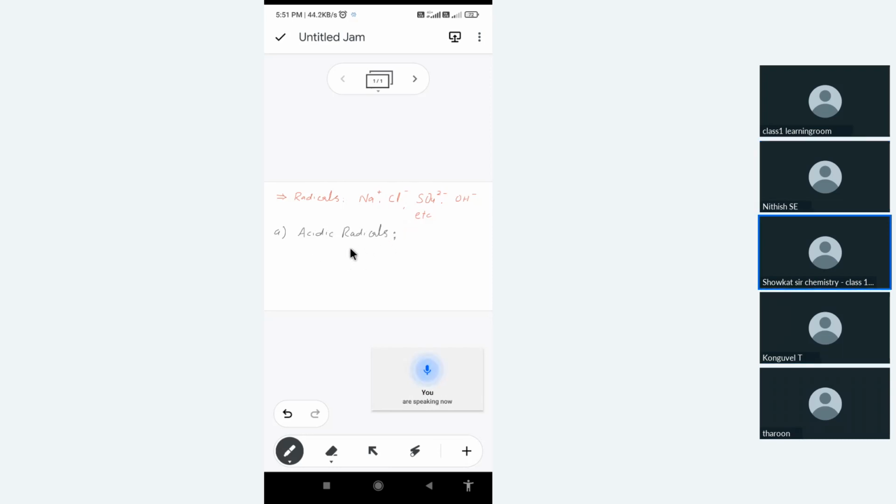So acidic radicals are those radicals which come from acid, right? The acidic part. That means they are radicals which have negative charge.